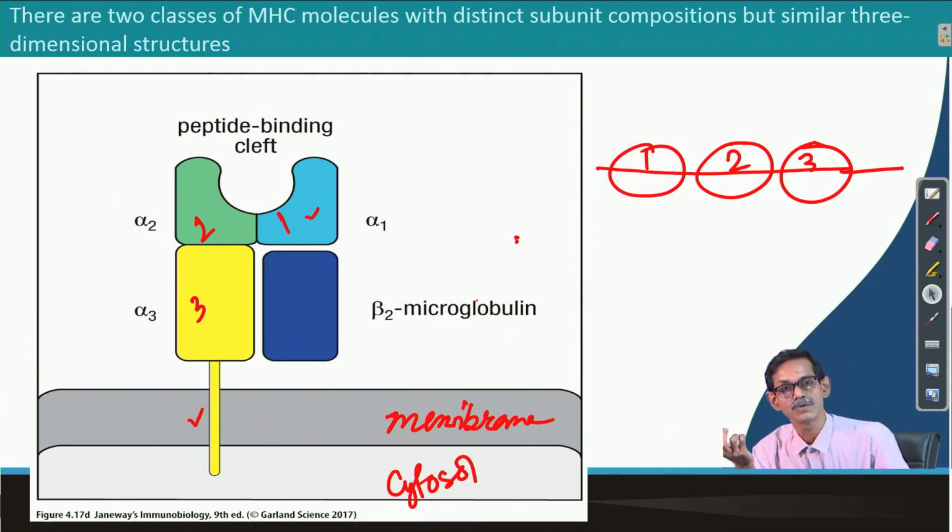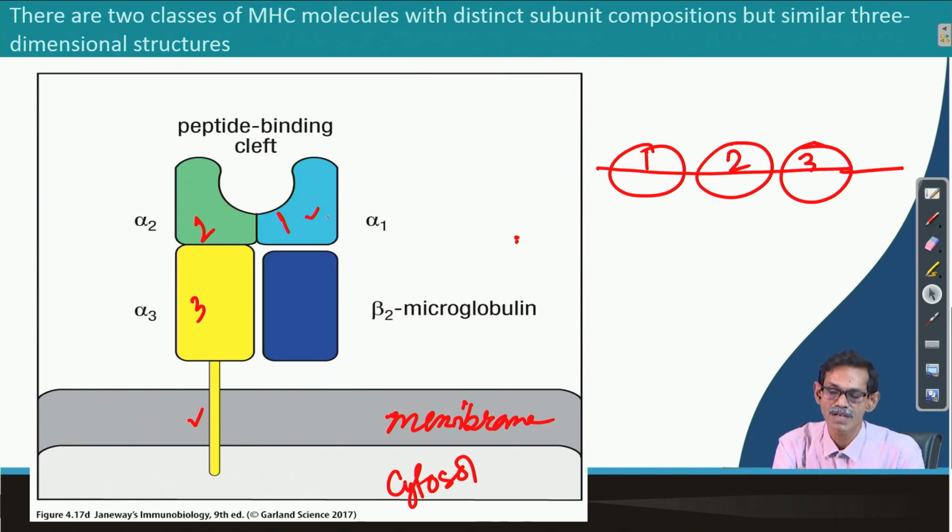Now I am going to go to MHC. This is MHC1. MHC1 is constituted of two peptides: one peptide with alpha 1, alpha 2, alpha 3, and beta microglobulin, which is giving the support and making MHC1 a complete structure.